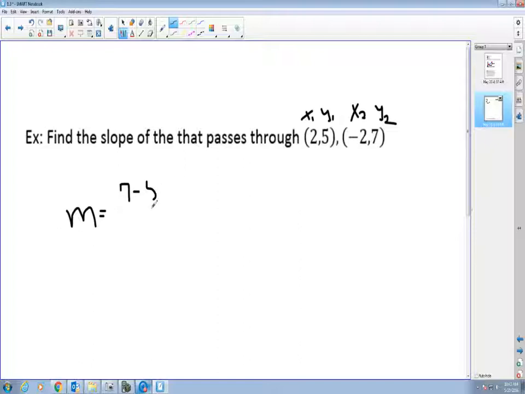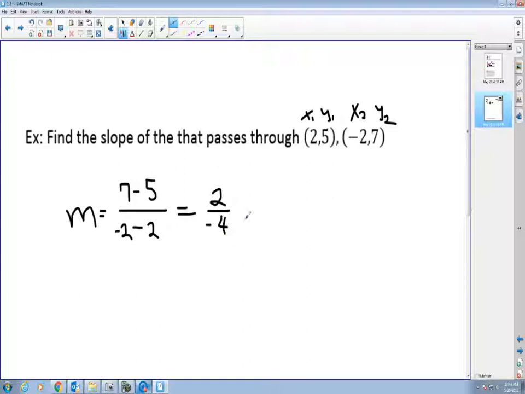What that means is to go from 5 to 7, you're actually going up 2. That's why when we subtract, we get a 2 over the change of your x. Take negative 2 minus 2, and that will give me negative 4.